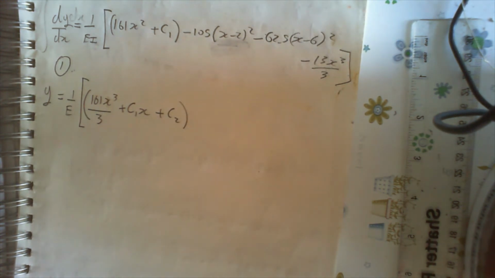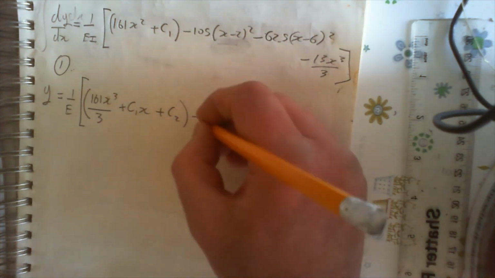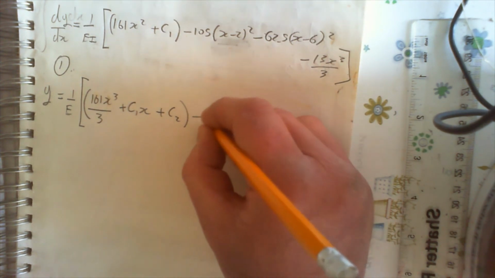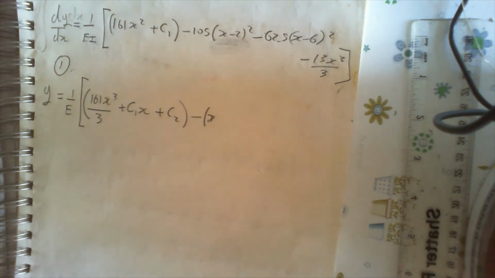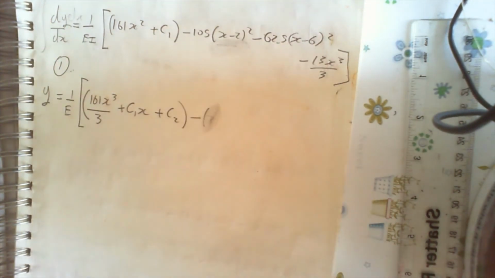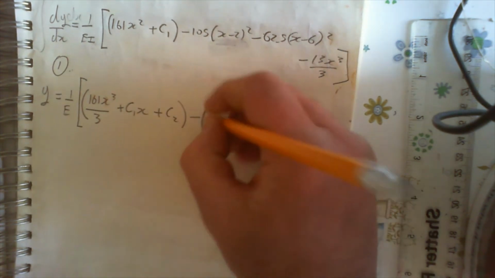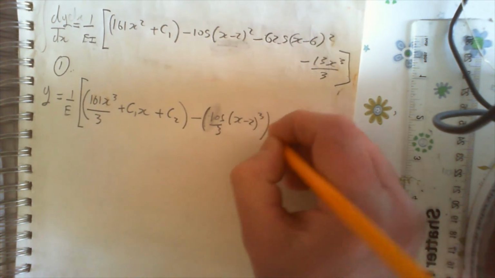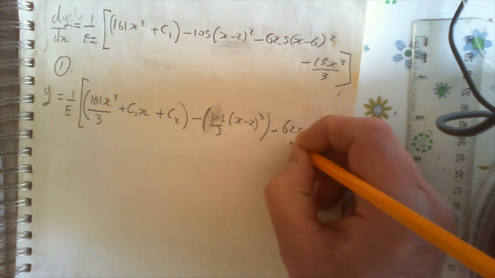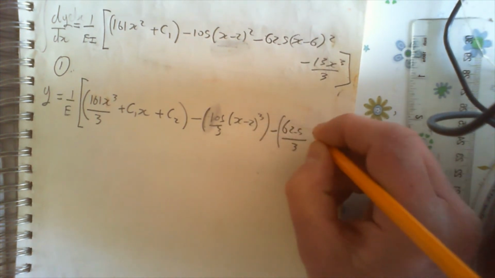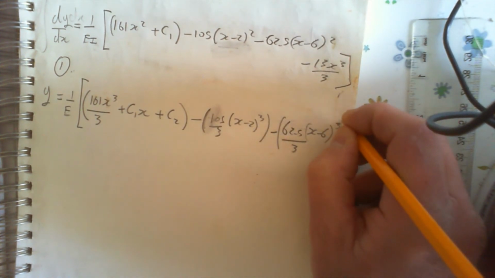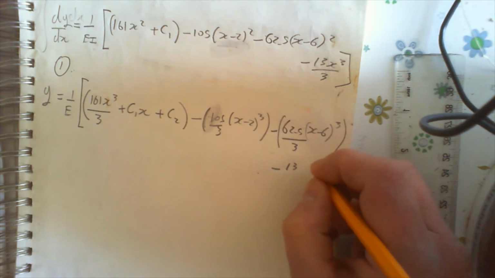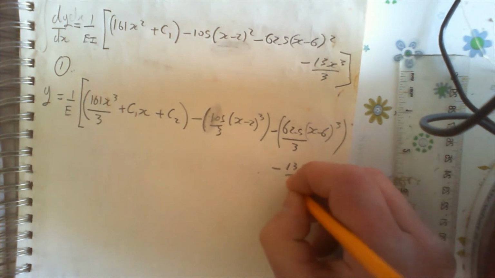Anyway, this is going to be minus 105 over 3, so that'll be x minus 2 to the power of 3, and minus 62.5, again that's over 3, x minus 6 to the 3, and this one here is going to be 13x to the 4 over 3 times 4, which is 12.